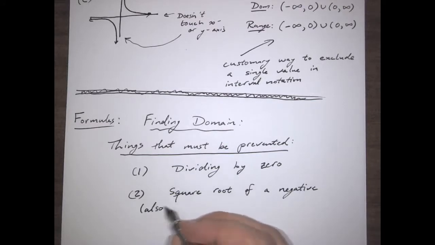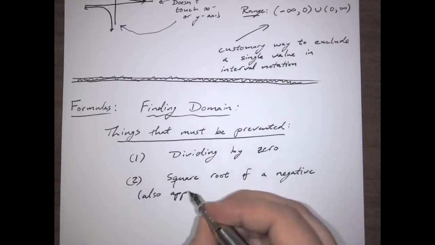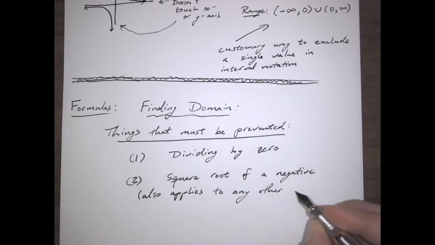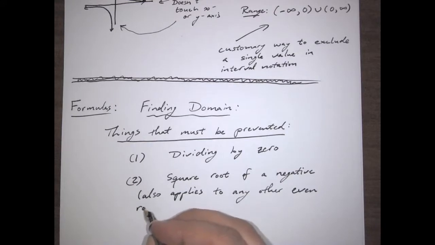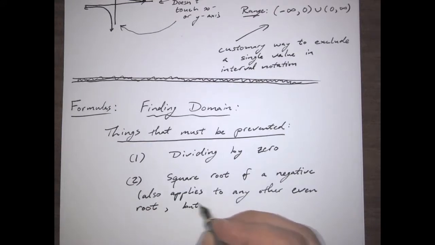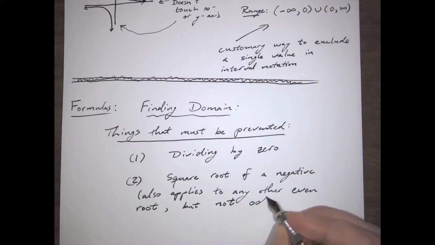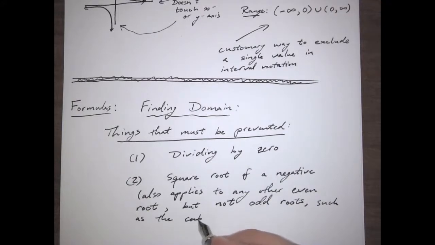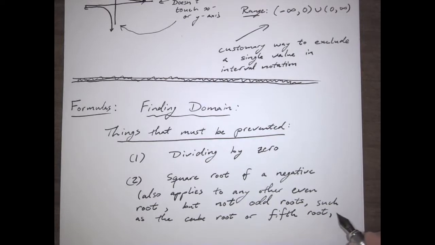This also applies to any other even root, but not odd roots, such as the cube root or fifth root, etc. Okay, so these are the two categories of things that must be prevented.